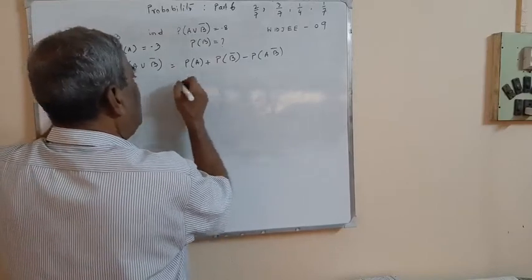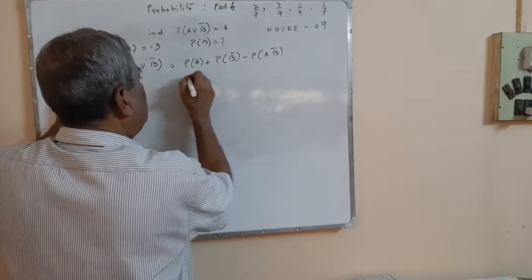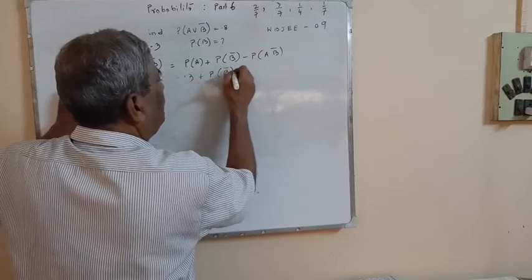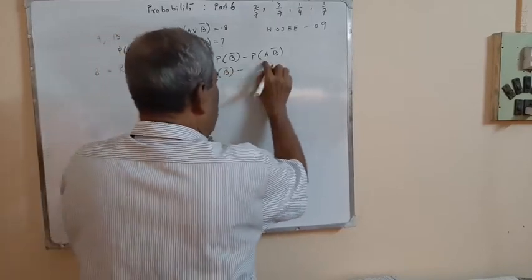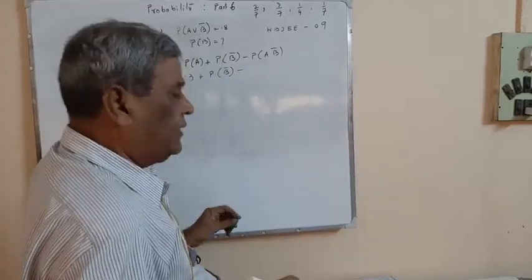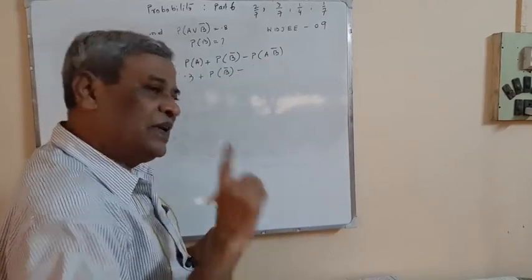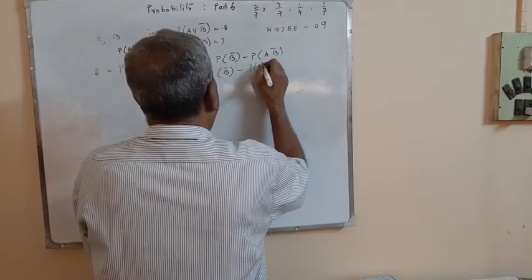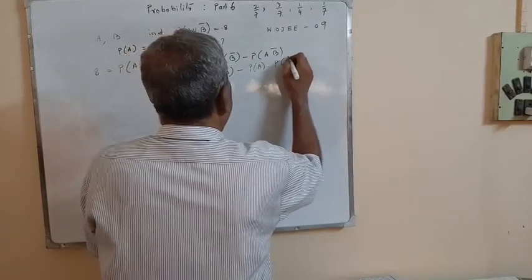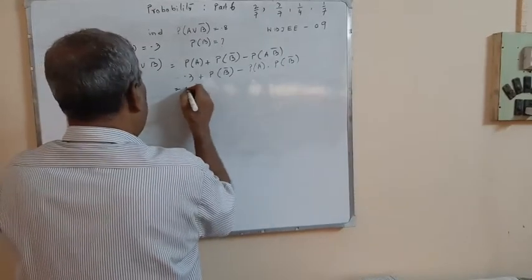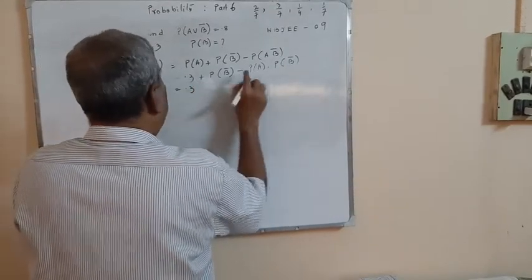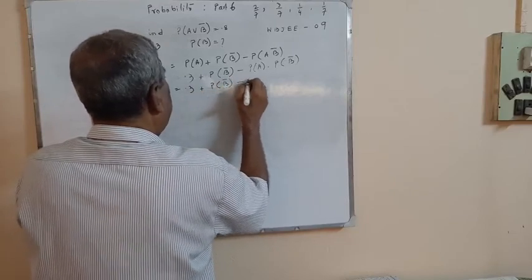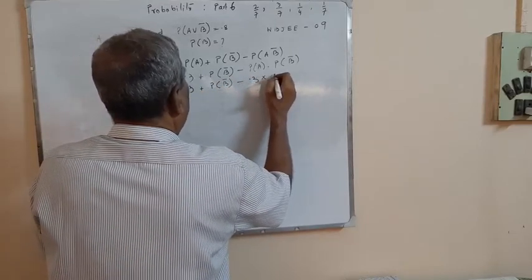P(A) is given as 0.3, plus P(B bar) minus, as A and B are independent, A and B bar are also independent, so it is equal to P(A) into P(B bar). So it is 0.3 plus P(B bar) minus 0.3 into P(B bar).